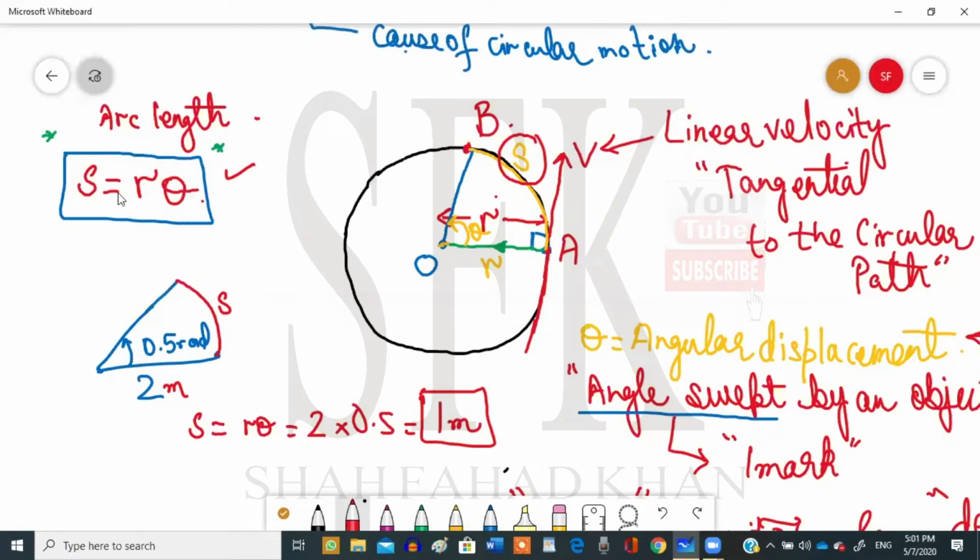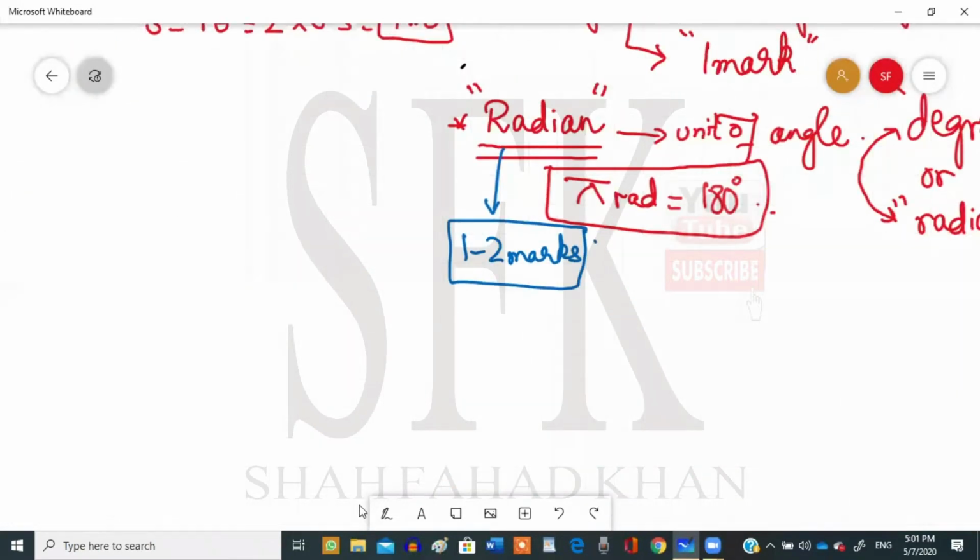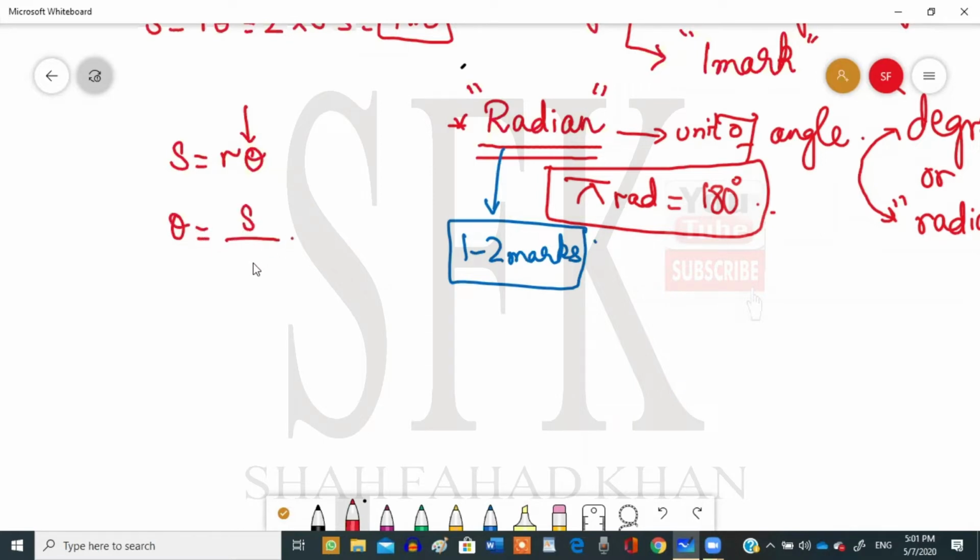So, clear? Now, using this formula, we can define what a radian really means. A radian is a unit of angle, right? So S is equal to r theta. To define this theta, to define the radian, rearrange it: radian is equal to S upon r. So it is the ratio of the arc length to the radius.